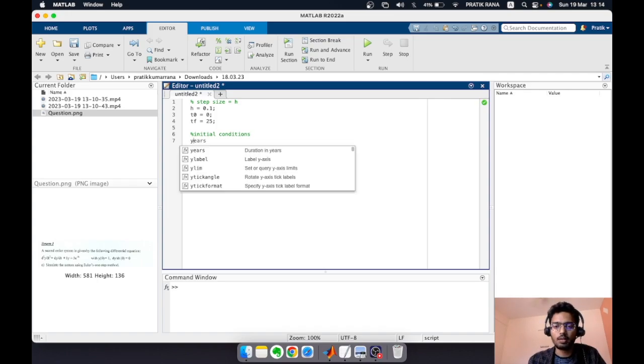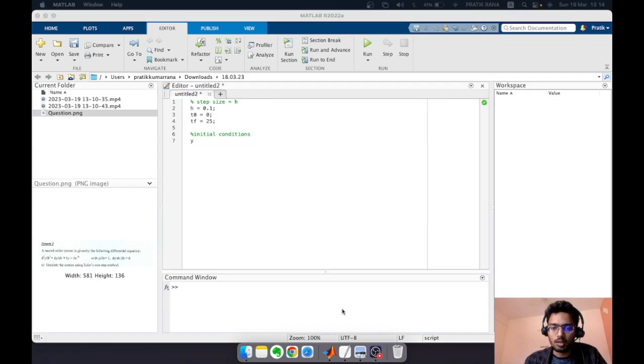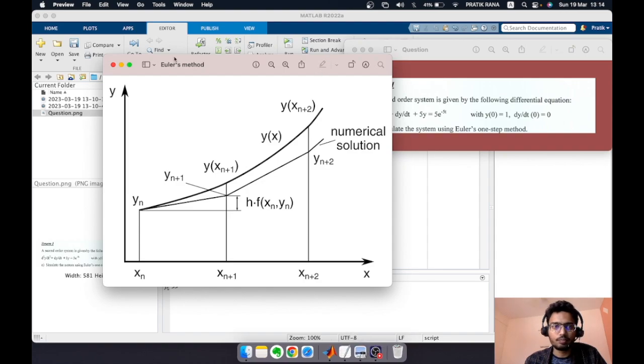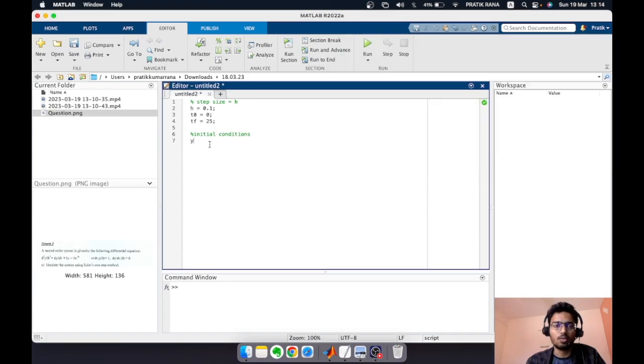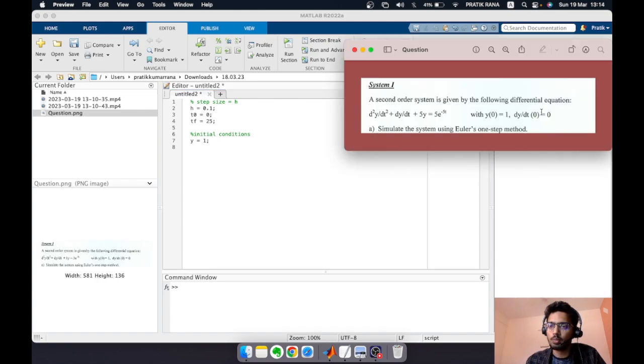So we know that the value of y at the 0th instant, or at t equal to 0, is 1. So we'll have y equal to 1 here. Next we know the slope of y at t equal to 0 is 0 from this initial condition.